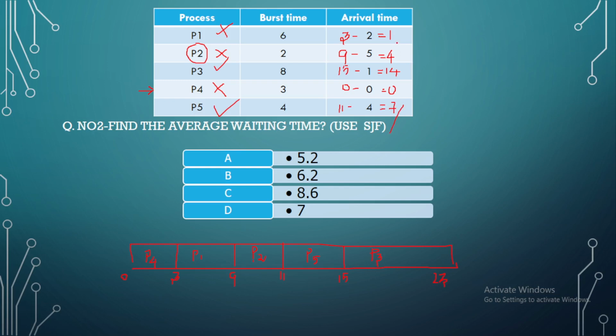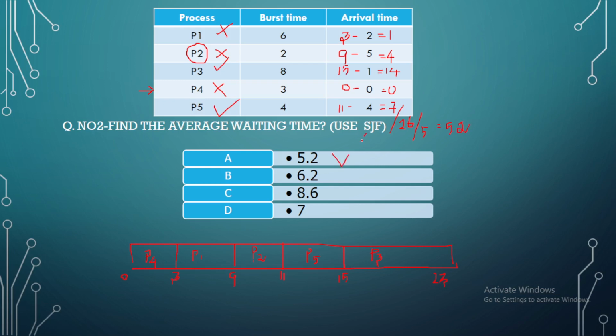So this is the waiting time of each process. Now we find the average waiting time: 5 plus 14 is 19, 19 plus 7, 26. This is the sum of all the processes' waiting times. 26 divided by the number of processes, 5, gives you 5.2.